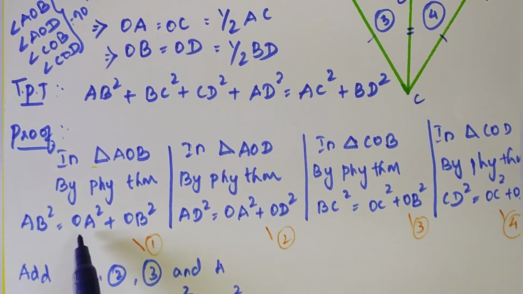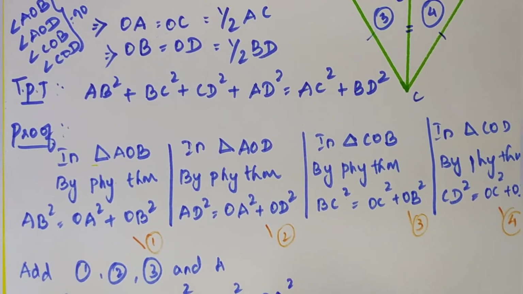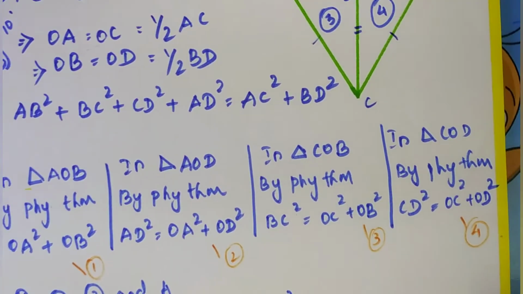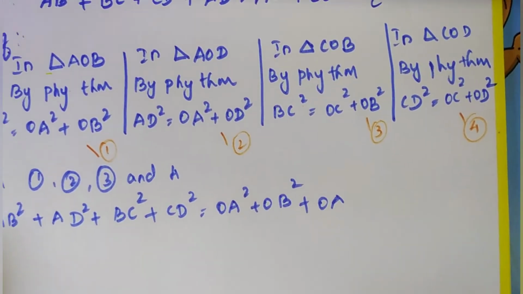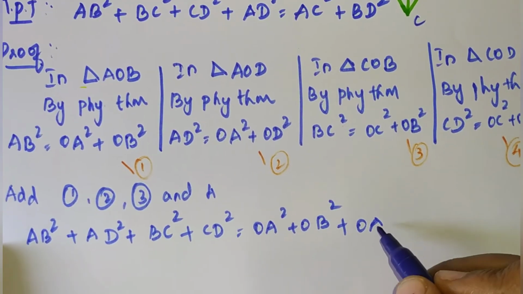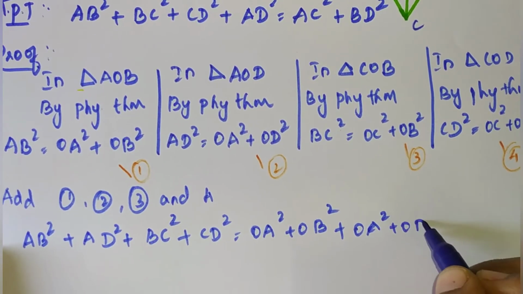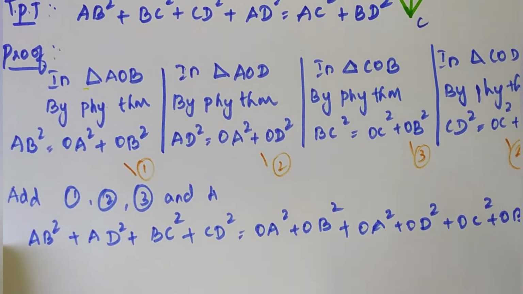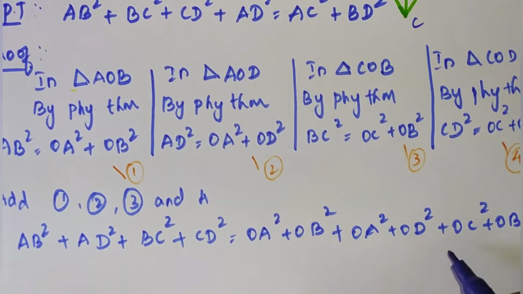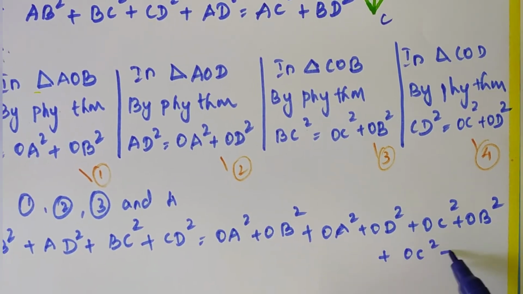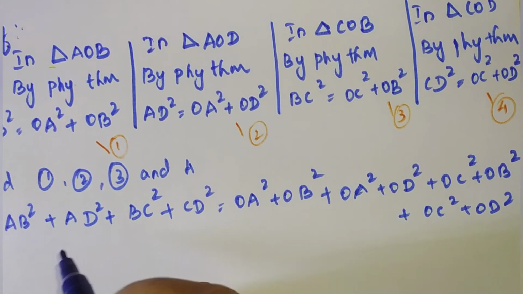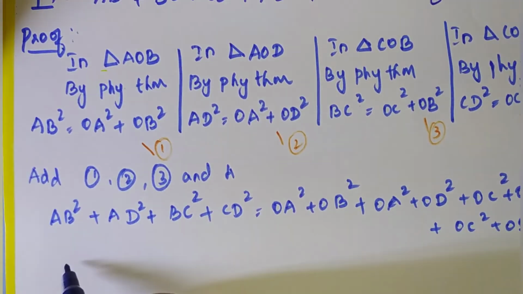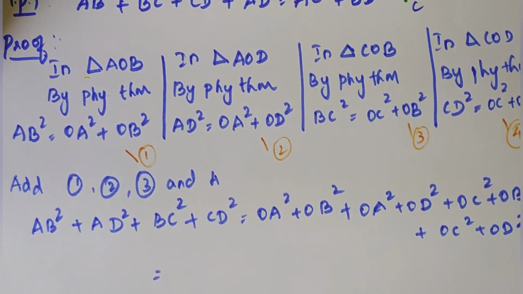The remaining things: OA square plus OB square, next OA square plus OD square, plus OC square plus OB square, and the last one, OC square plus OD square. So keep the left hand side as it is.